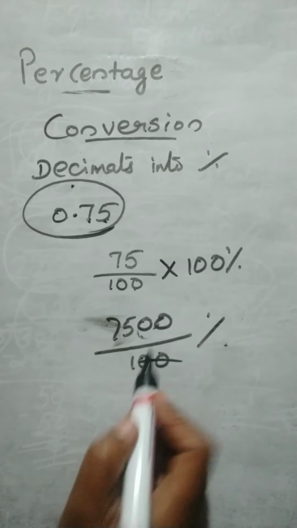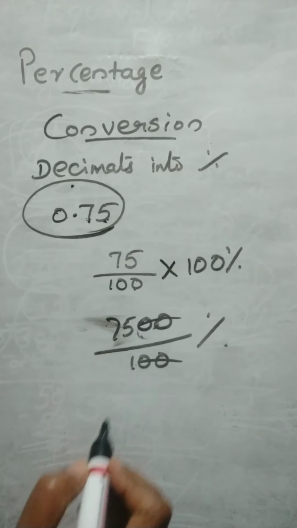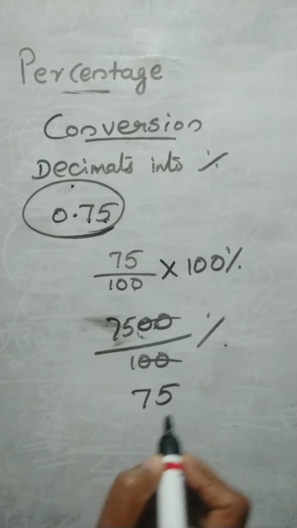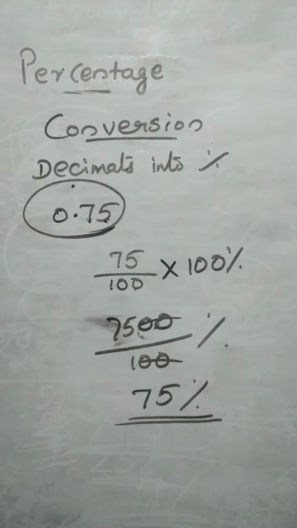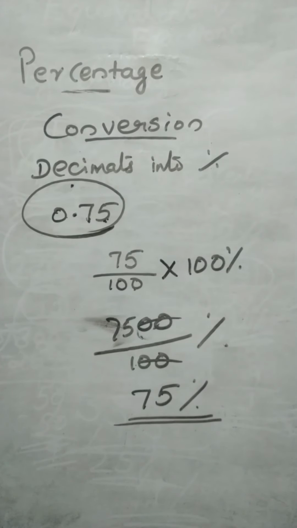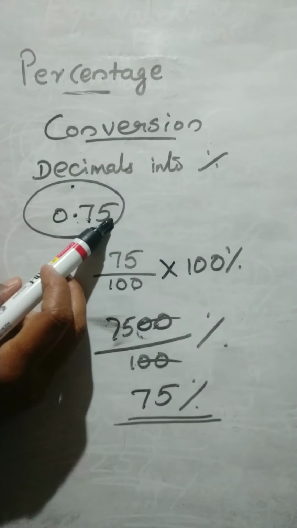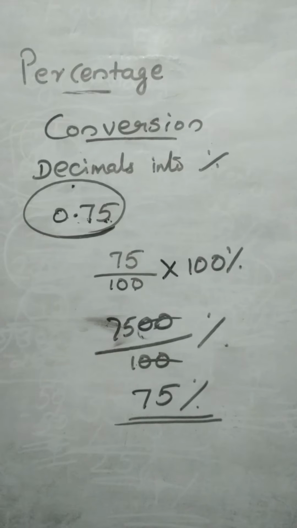These 2 zeros and these 2 zeros we can cut. Remaining 75 on 1. What is the answer? 75 on 1 is equal to 75 itself. So the answer is 75%. So we can say 0.75 is equal to 75%. Okay.